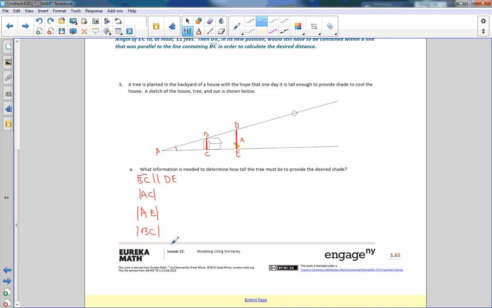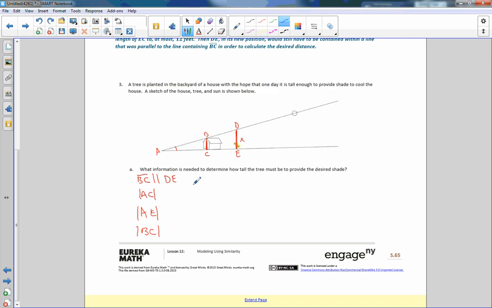Okay, so we would need to know that BC is parallel to DE to produce similar triangles, and I'll draw them here. So we have this triangle here, ACB, and we have this triangle here, AED. If I know those two triangles are similar, I can set up a proportion of sides.